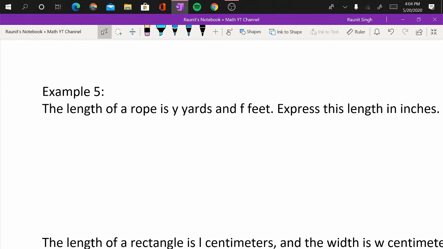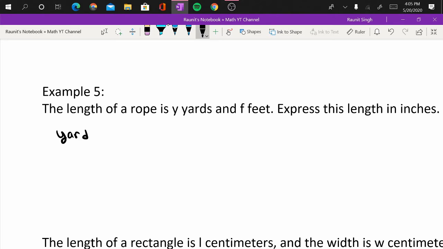So the length of a rope is y yards and f feet. Express this length in inches. So, wait, no, not 3 yards.